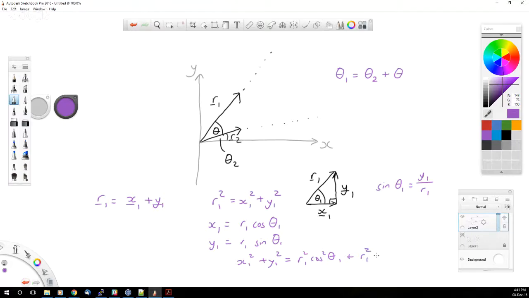Which is equal to R1 squared times sine squared theta plus cos squared theta, and this has to be equal to 1. So we've just recovered this identity that we had from Pythagoras.